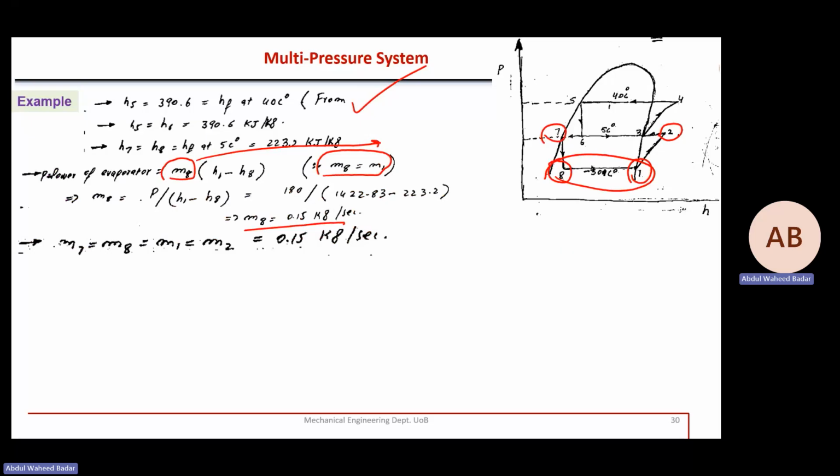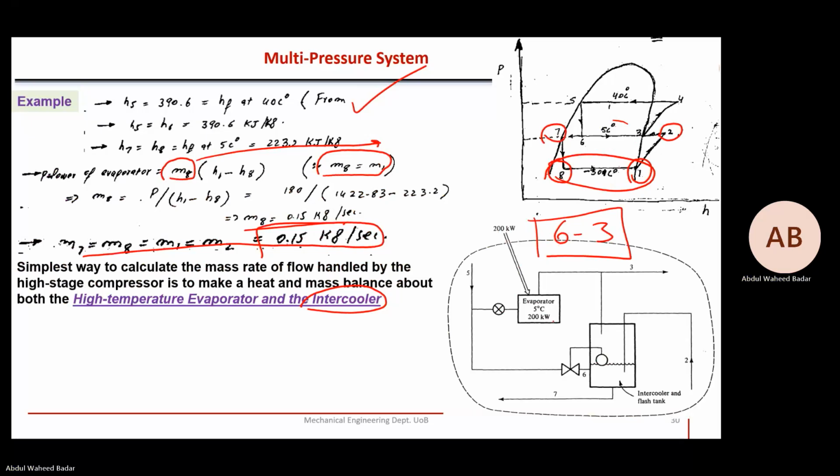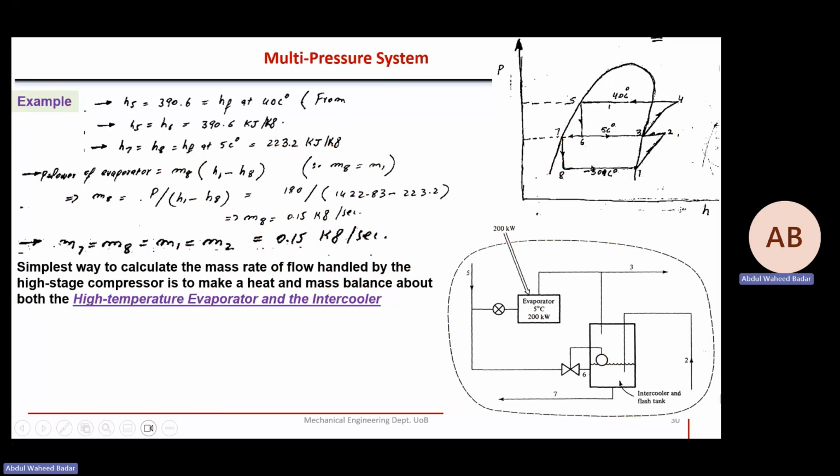At point 3, it will be different, but these are all same. Then for the high temperature evaporator, there is also an intercooler. 6 to 3 is not only an evaporator, but it is also an intercooler. That's why we separated that to find out m dot 3, which is leaving.